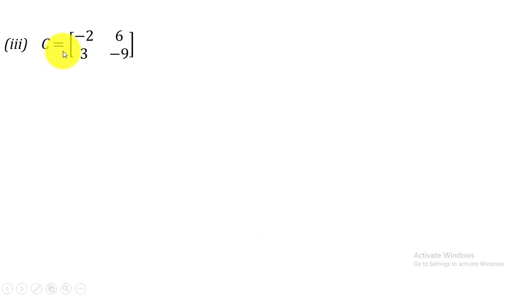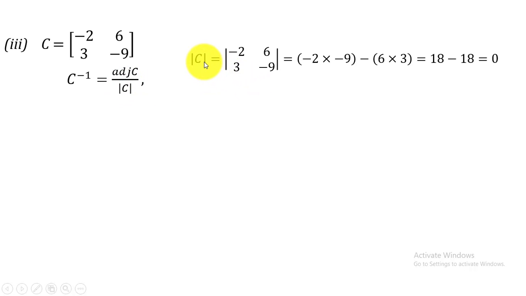In third, C is equal to the matrix having elements negative 2, 6, 3 and negative 9. C inverse is equal to the adjoint of matrix C over the determinant of matrix C. First, we find the determinant of matrix C, that is equal to the determinant of negative 2, 6, 3 and negative 9.